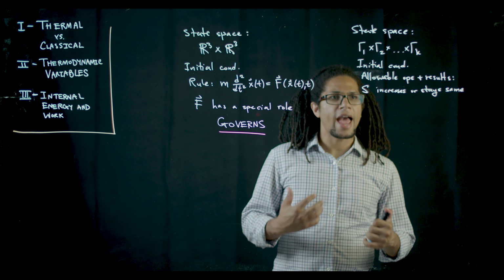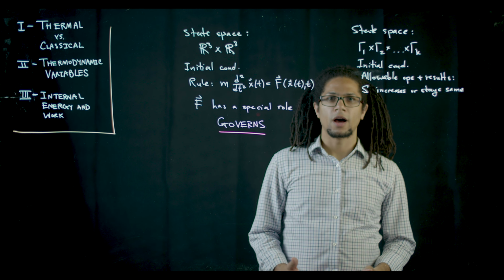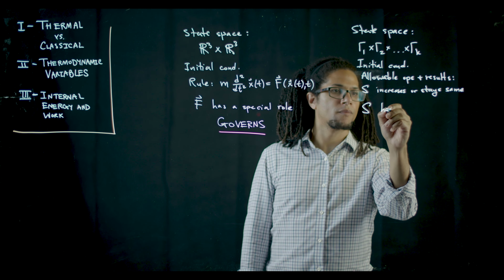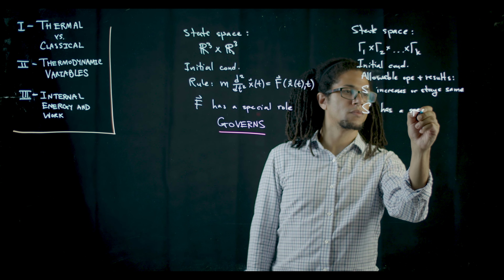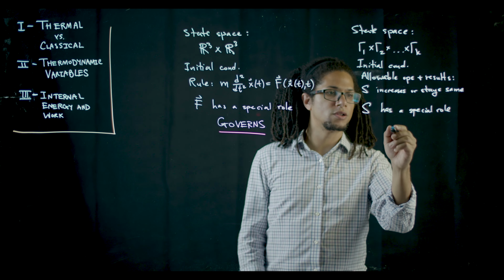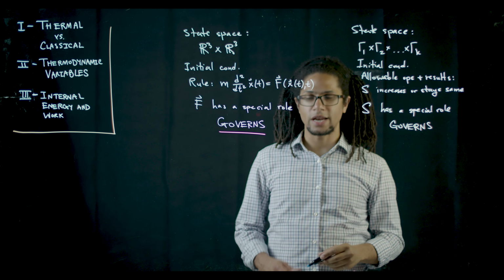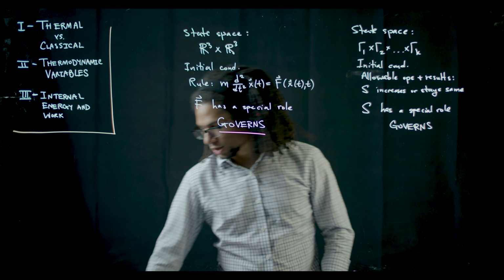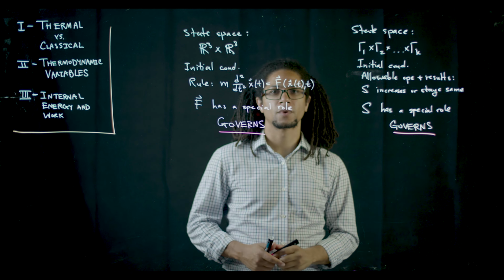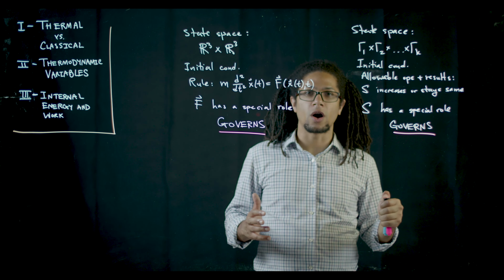But the point is that S has the same kind of special role as F does for a classical theory. S governs the dynamics. Not the dynamics, but rather the control operations, because we don't have a theory of dynamics here. So this analogy should help us make sense of what's going on.